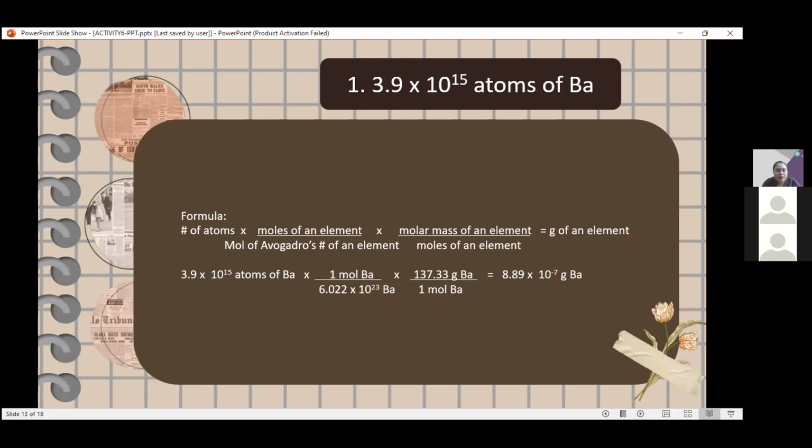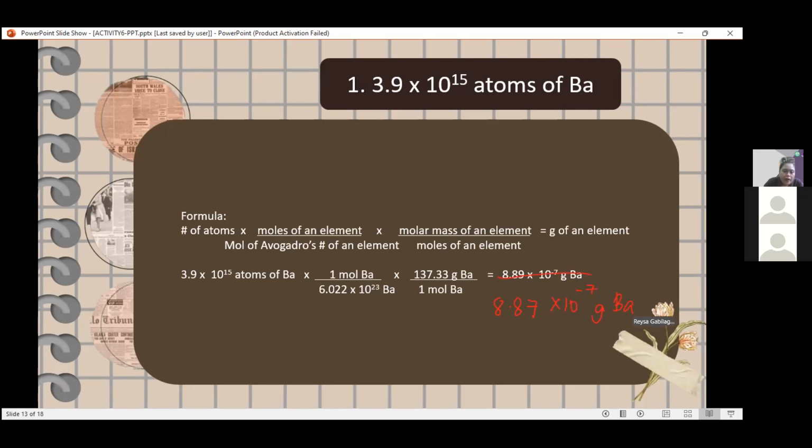This is 3.9. 3.9 times 10 raised to the power of 15 times 1 mole of barium. And what's the atomic weight of barium? Barium is 137 only. So times 137 divided by sa ilalim 6.0221 times 10 raised to the power of 23 is 8.87. This is 8.87 times 10 raised to the power of negative 7 grams.